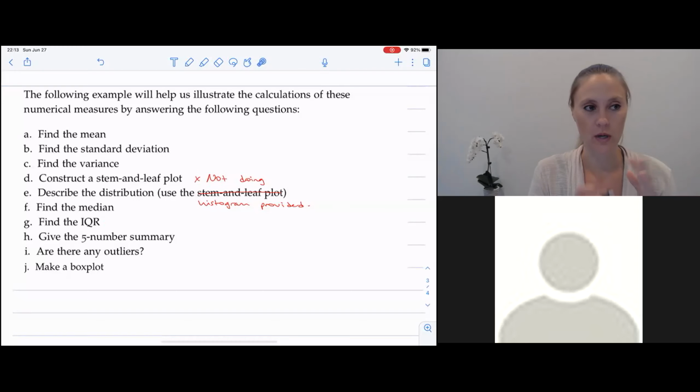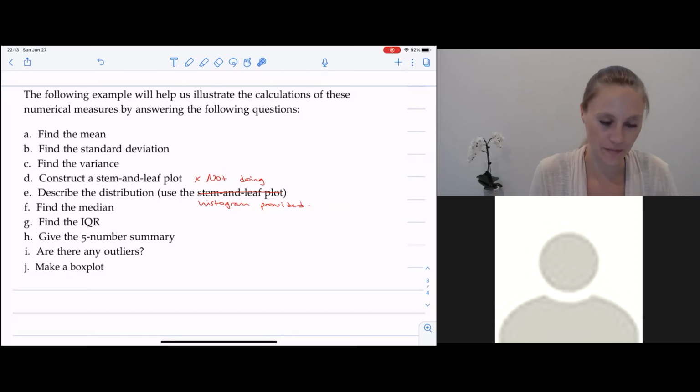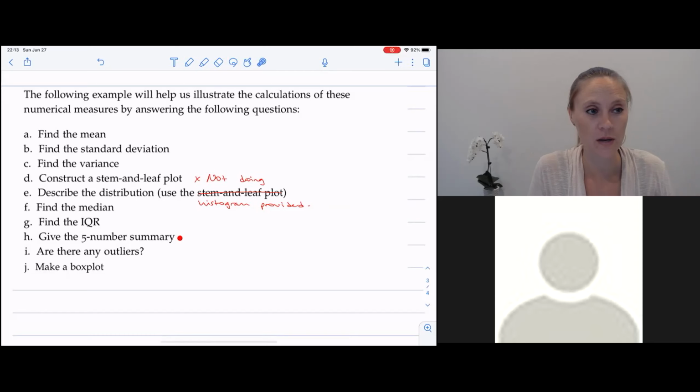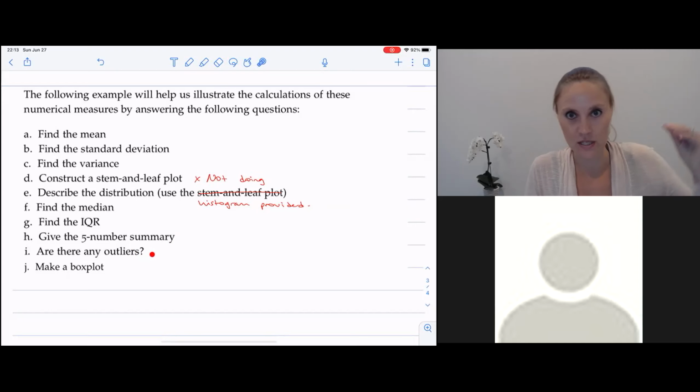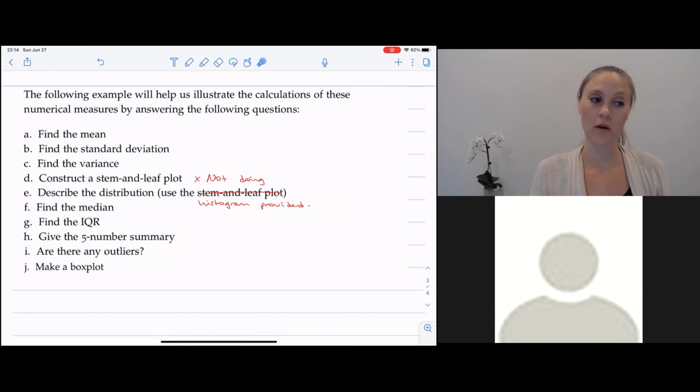The interquartile range is our numerical measure of spread for a non-normal distribution. I'm going to show you how to find that and also what it is. Then we're going to talk about the 5-number summary, and also how to determine if there are any outliers. We haven't talked about outliers yet, but you probably know what they are: extreme observations that are outside the norm.